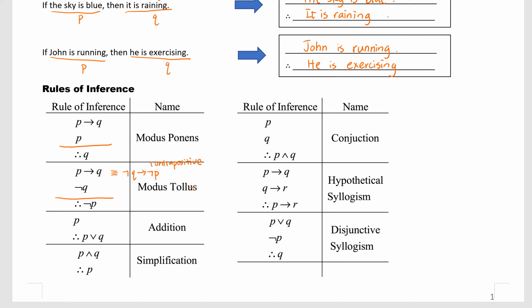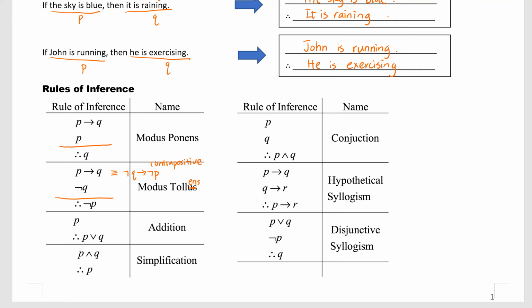Actually, it's modus tollens, typo here. So modus ponens is P implies Q, we have P, so Q. Modus tollens is the contrapositive. We have P implies Q, but we have not Q, so the conclusion is not P.